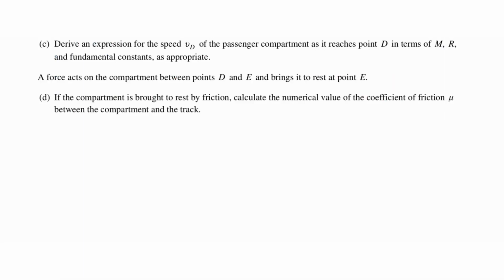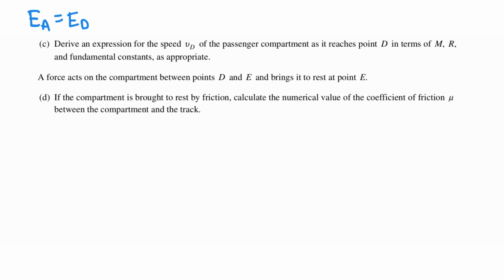Part C says to derive an expression for the speed Vd of the passenger compartment as it reaches point D in terms of m, r, and fundamental constants as appropriate. This is done by using conservation of energy, and we need to equate the energy at point A to the energy at point D for our initial and final instances.